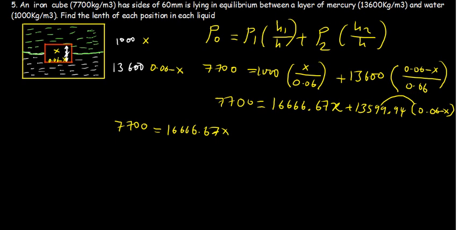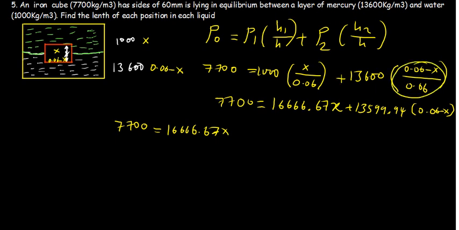So for this value we have 13,599.94 multiplied by 0.06. It will give us again this value. We can also think of it in this way. We can split these two terms.